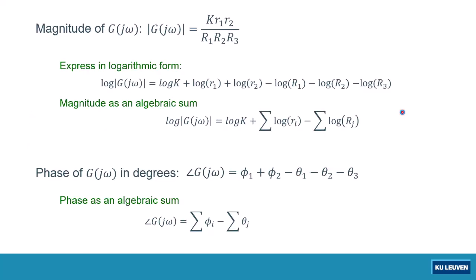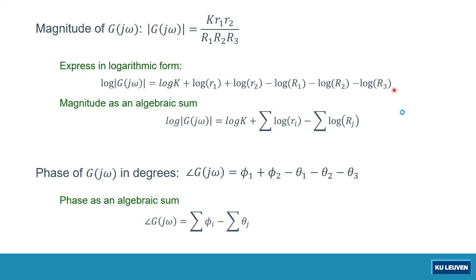Okay, so that's the relationship of the magnitude of G(jω) to the transfer function. If we express it in a logarithmic scale, of course, the logarithm of the magnitude of G(jω) will look like this: log K plus log r1 plus log r2 minus log R1 minus log R2 minus log R3.